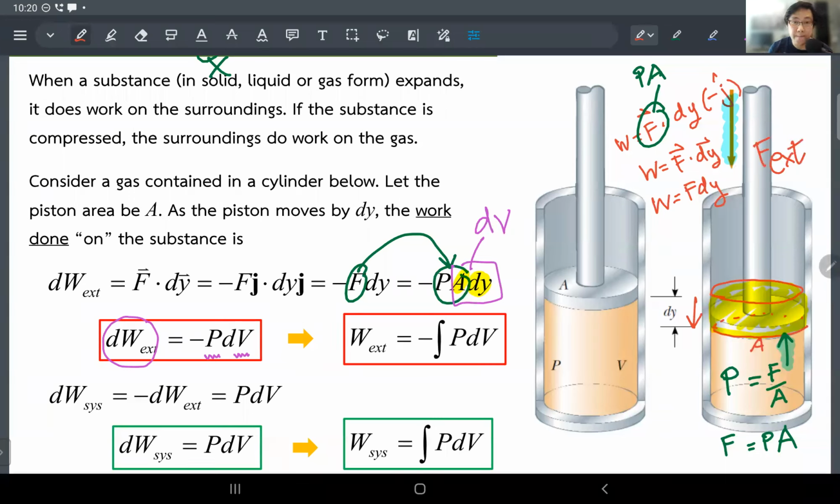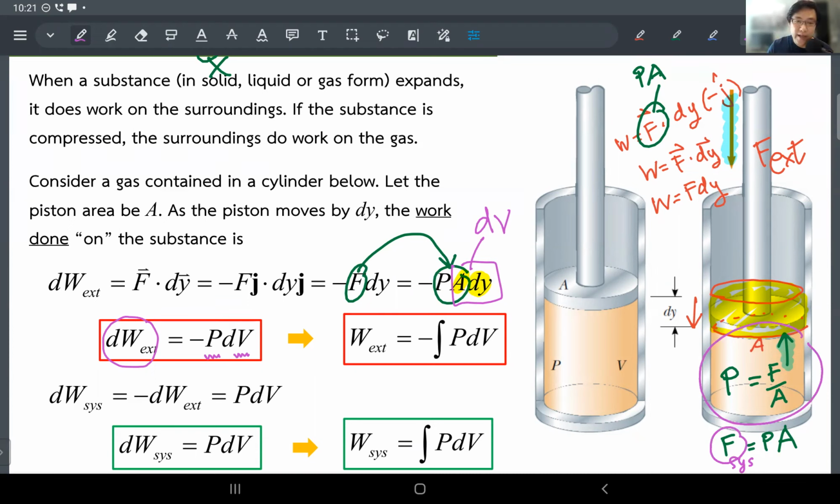Okay, you guys with me now? This is an external force acting on the gas. But the force I'm referring to down here is the force that the gas is acting on the wall. So this is the force of the gas. Let me put the system here. That's the system. So there is a problem a little bit in terms of the sign.